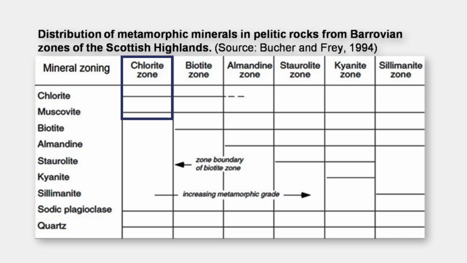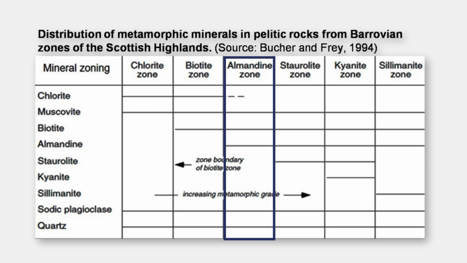It contains basically chlorite and muscovite. Muscovite is present throughout all the zones. It doesn't contain biotite, almandine, staurolite. Kyanite is also absent. Sillimanite is also not there. Sodic plagioclase is there, and quartz.